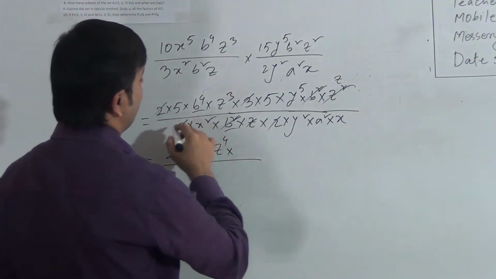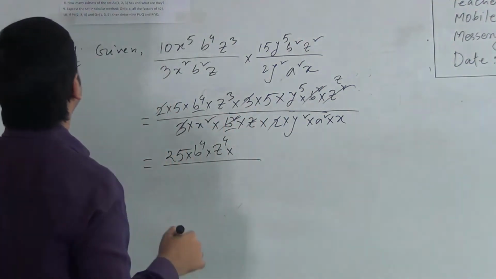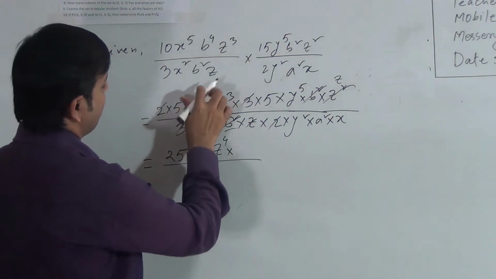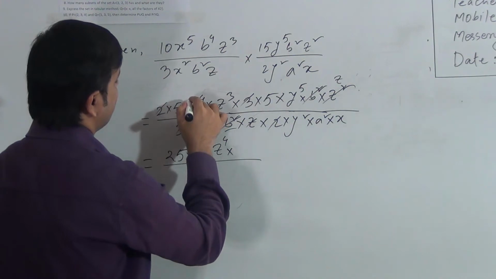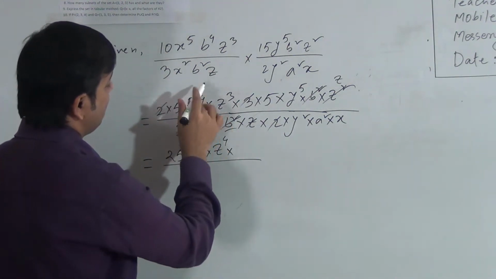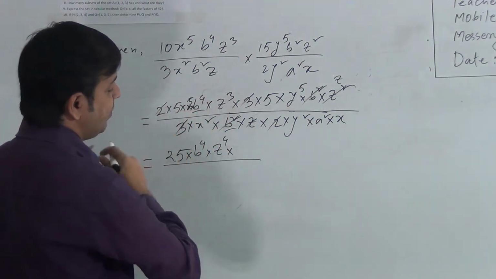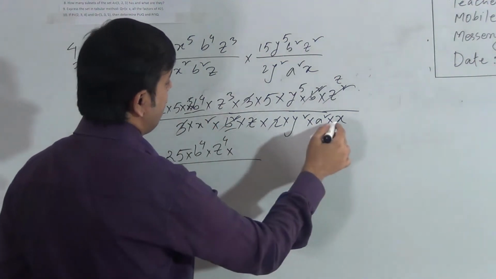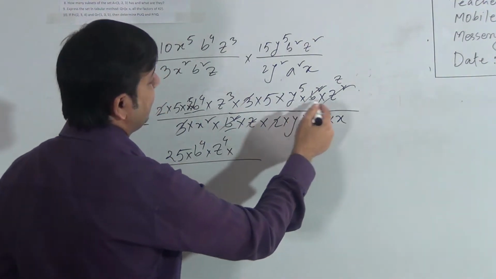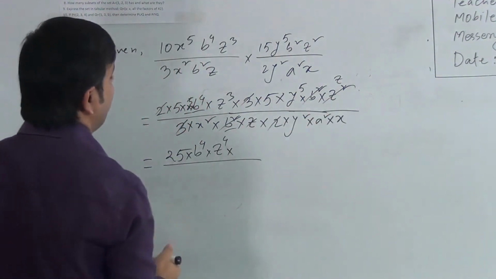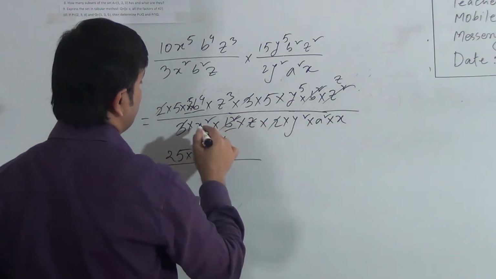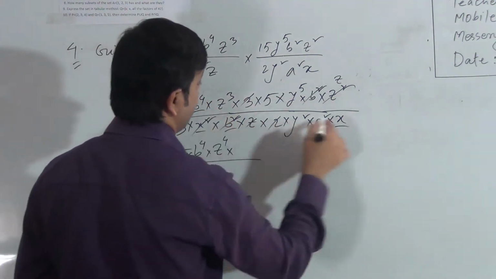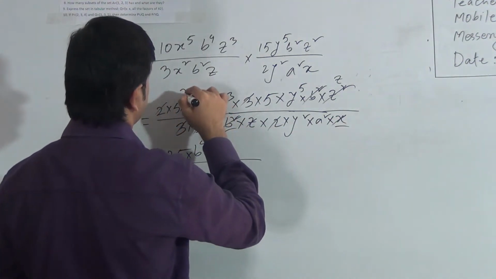Now what is remaining here? I did not write x to the power 5. Dear students, you need to remember that x to the power 5 will be here. Now x square here, x here, and here is no x. So if we cut x square and x, we will get x square.